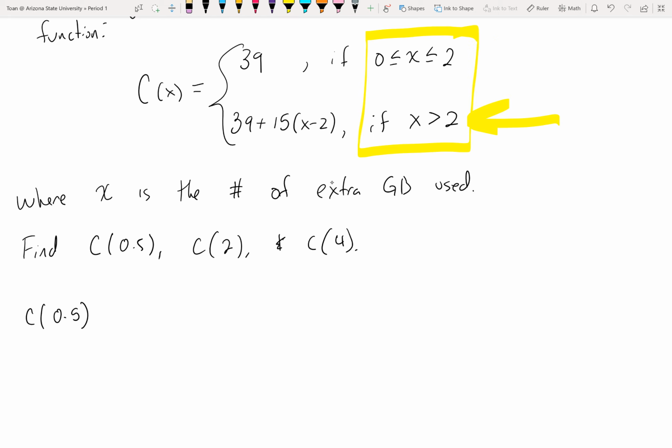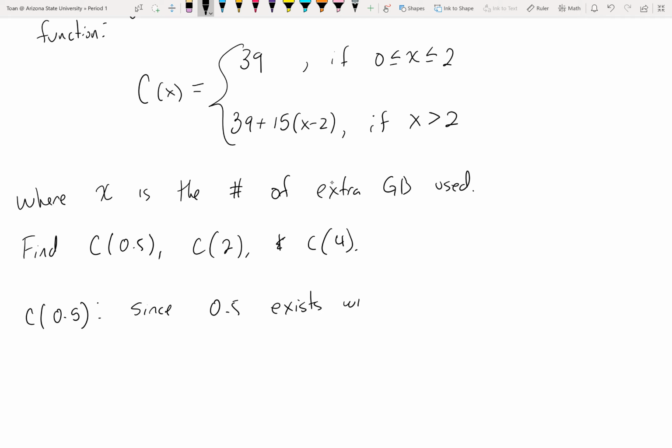So because that's where 0.5 fits, I guess for the notes I should write it out. Since 0.5 exists within 0 less than or equal to x less than or equal to 2, we will use the top piece. That's it. That's how you evaluate piecewise functions. And then you just do the normal thing.